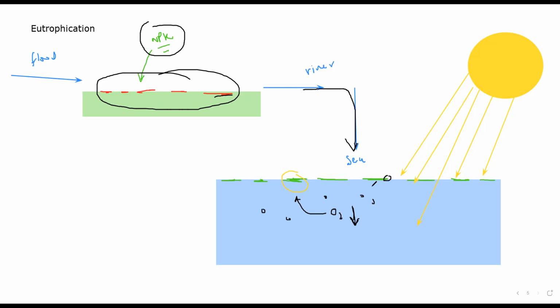When this river water enters the sea, the green plants at the surface of the water will grow at an exponential, rapid rate, because now all the essential nutrients, the NPK, are present in the sea water. That causes an avalanche, or exponential increase, in the growth of the green plants at the surface of the sea water. As these green plants are growing, they are also absorbing oxygen.